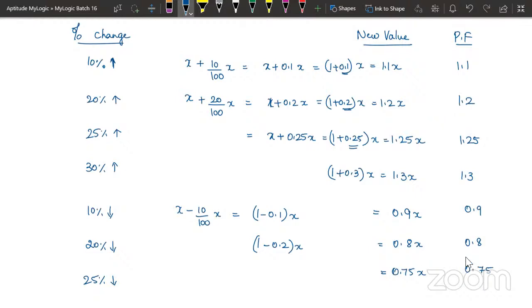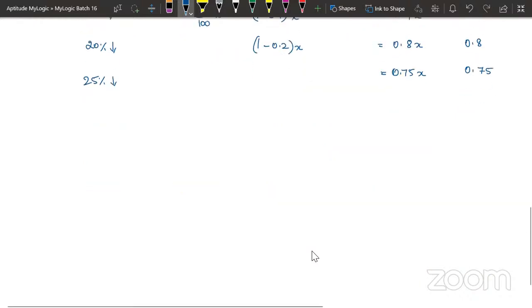Now, this is your percentage factor. As soon as you see a question where it is given that a certain value is increased by 10%, decreased by 20%, immediately you have to write the percentage factor. Increased by 10 means 1.1 percentage factor. After you write the percentage factor, then you need to decide whether you have to multiply it or divide it based on the given value.